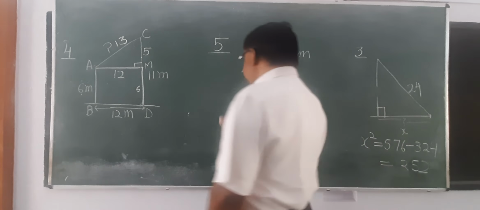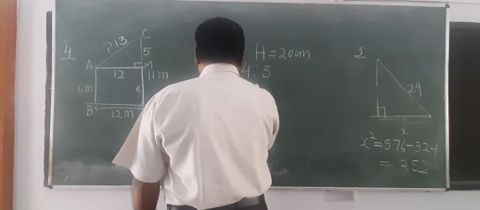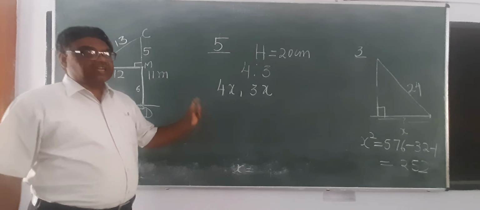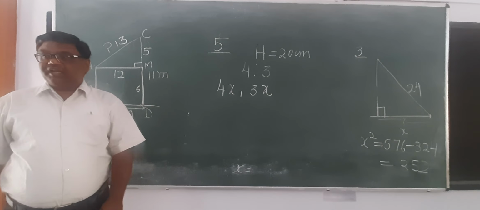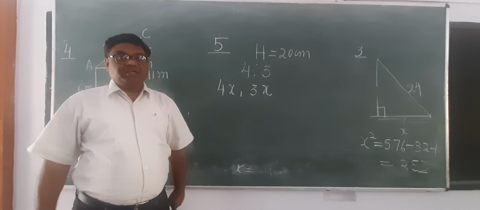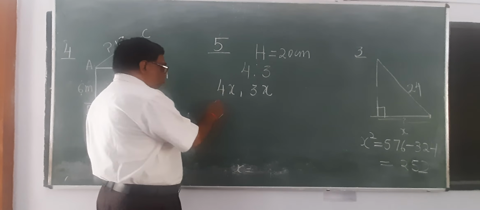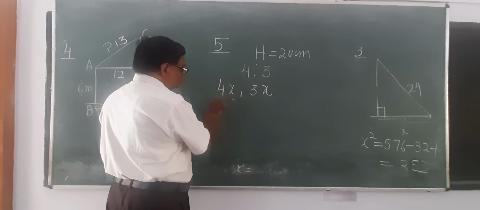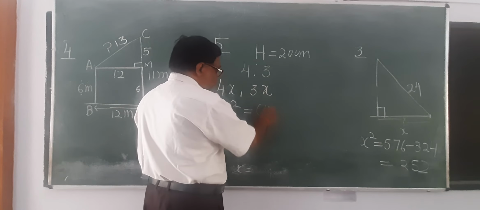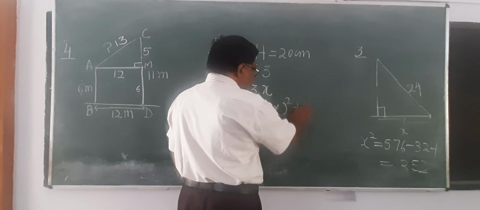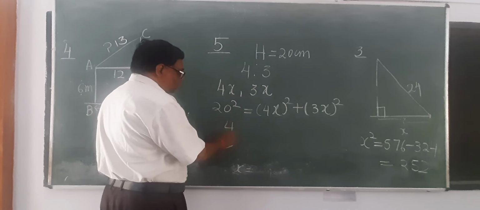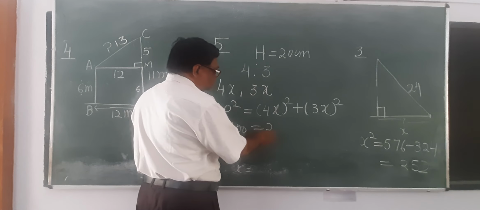So here we have assumed that let the sides be 4x and 3x. Now since the triangle is a right angle triangle, therefore the square of the hypotenuse will be equal to the sum of the squares of these two. Means 20 square will be equal to 4x whole square plus 3x whole square. So you can see here 400 equals to 25x square.